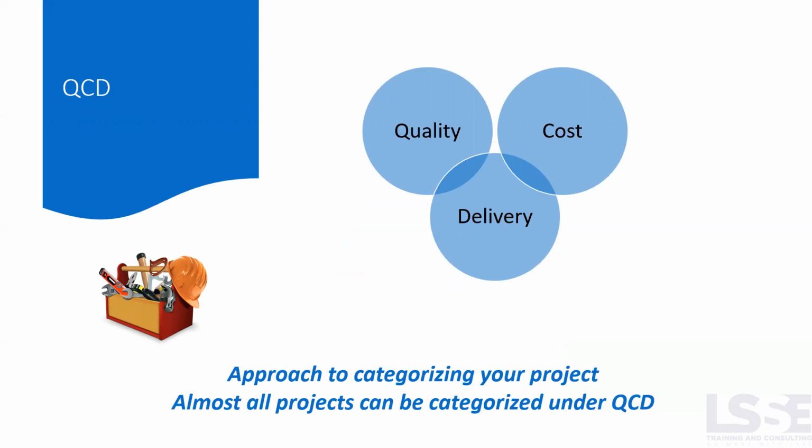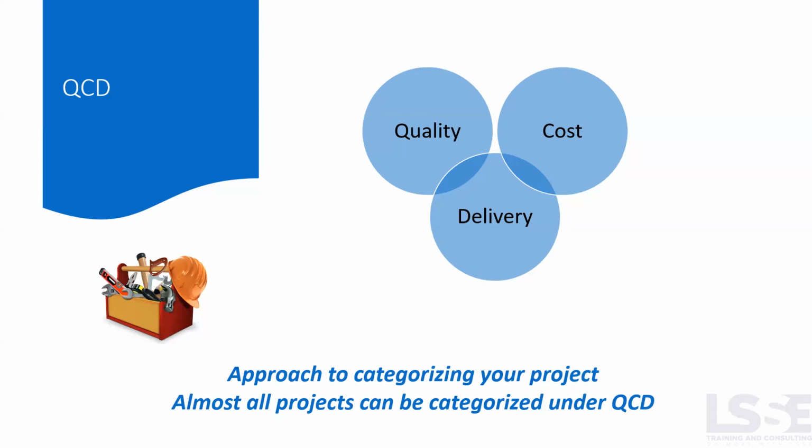Actually, all projects or all challenges that you encounter in the workplace, regardless of the setting, whether it's a manufacturing setting or the service-oriented industry, can be classified into a challenge of quality, a challenge of cost, or a challenge of delivery or timeliness. This is quite important, because if you're able to categorize the problem, you would know your plan of attack, or the way you would solve that problem.